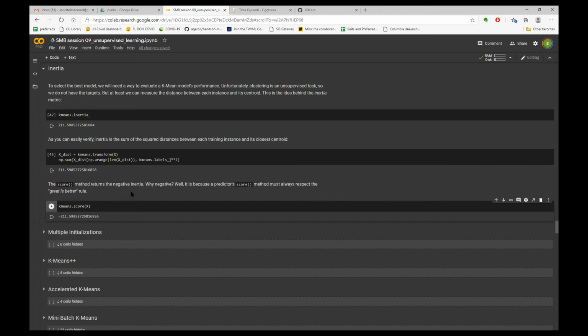In sklearn, if you take the score of anything, then you want larger, more positive numbers to be indicative of better. Right. So to me, because it's a negative number, it's indicative of this is not a great solution.